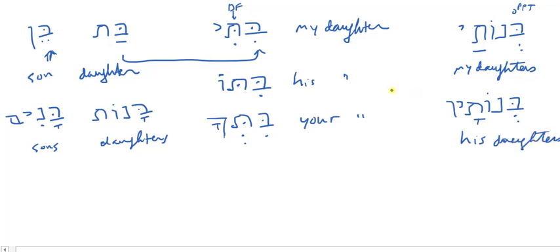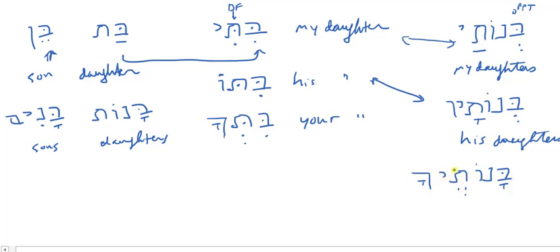Okay, let's compare these. All right, and then let's compare your one daughter, bitecha, compared with your plural daughters. Again, banot. If I want to add the ka ending here, I can do that, but I have a helping vowel when I have plural nouns, and it's segol yod.